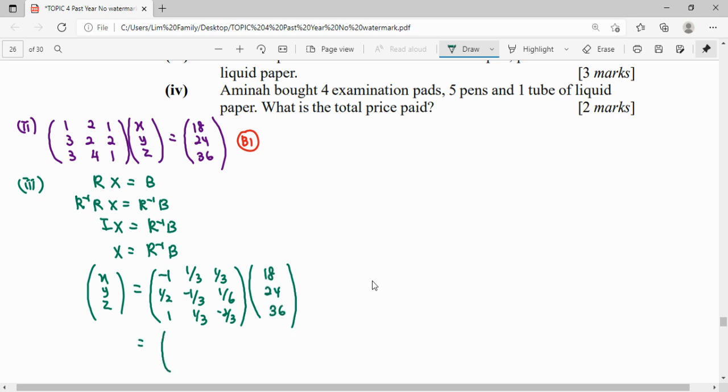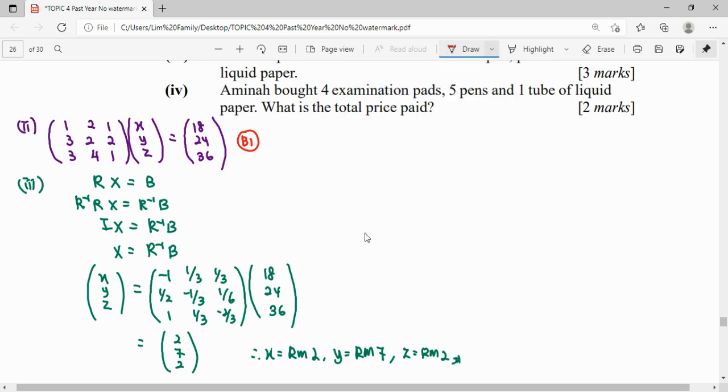So therefore, here we can get X is the price of examination pad, 2 ringgit, Y is the price of the pen, 7 ringgit, and Z is the price of liquid paper, which is 2 ringgit.